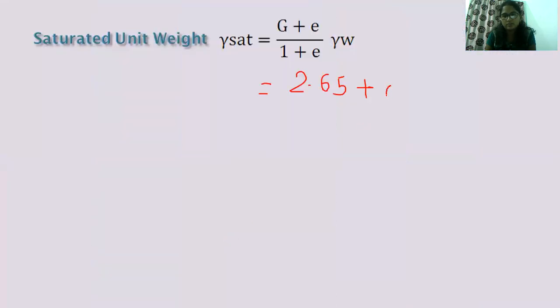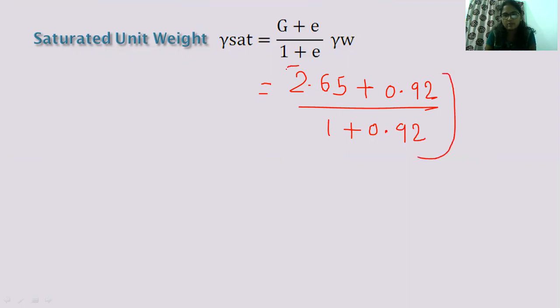So (2.65 plus 0.92) divided by (1 plus 0.92), into the unit weight of water.